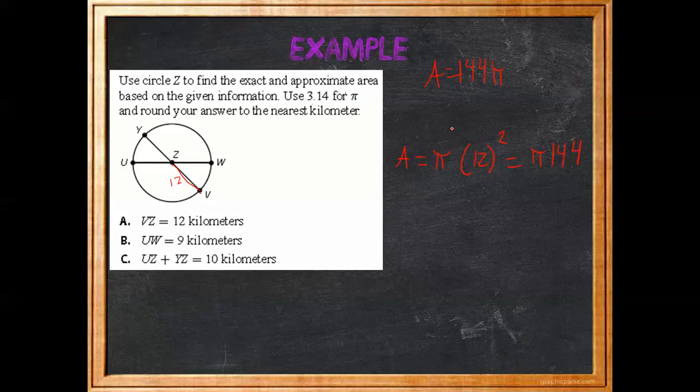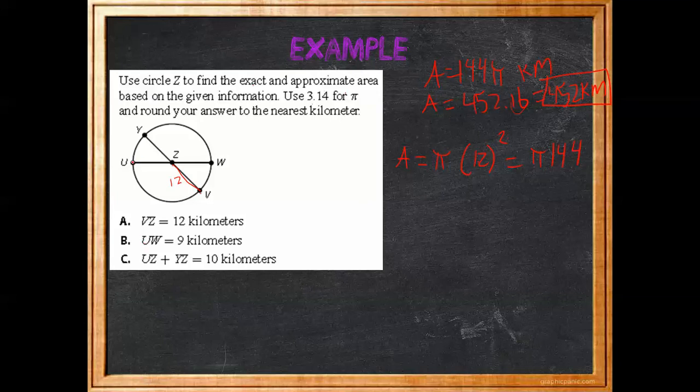Then our area is 452.16, and it says round it to the nearest kilometer. That means we don't want any decimals here. Since this is a 1 right there, then that 452 just stays the same. So it'd be 452 kilometers.